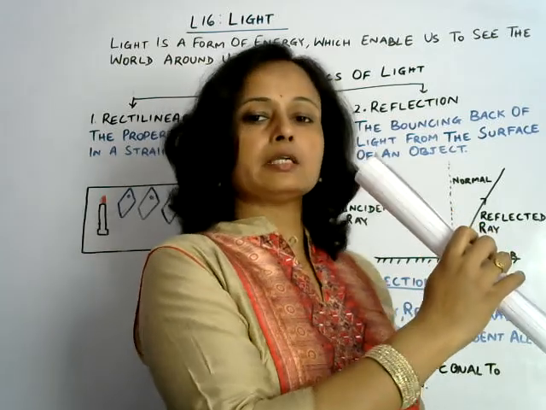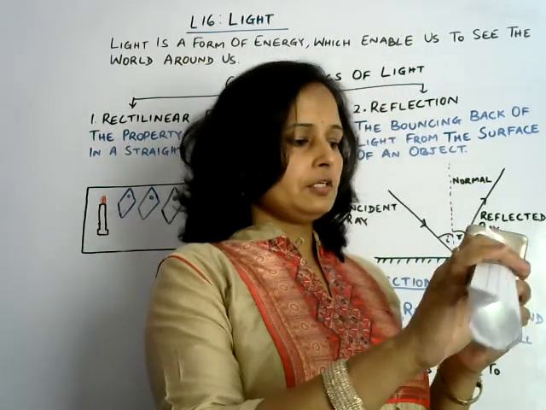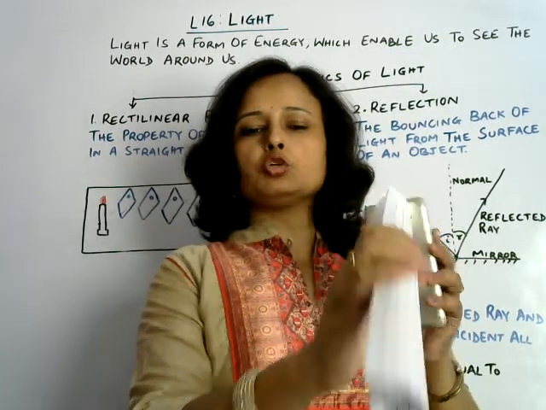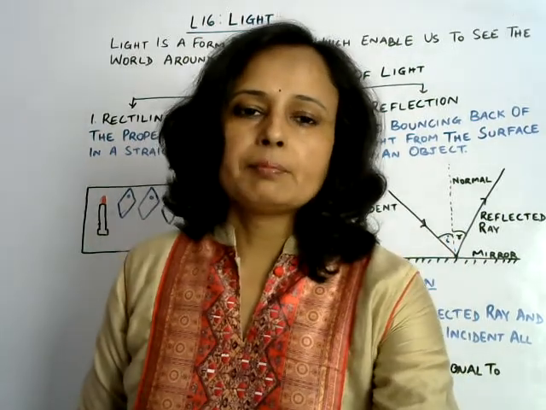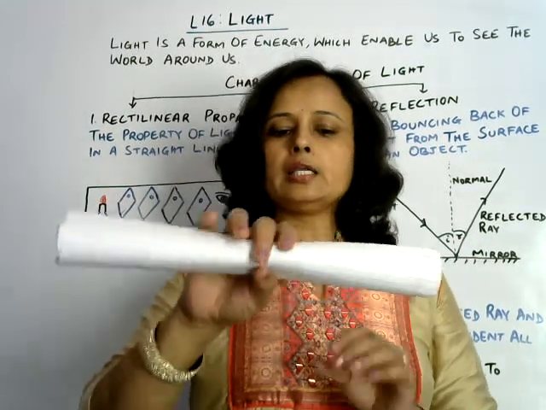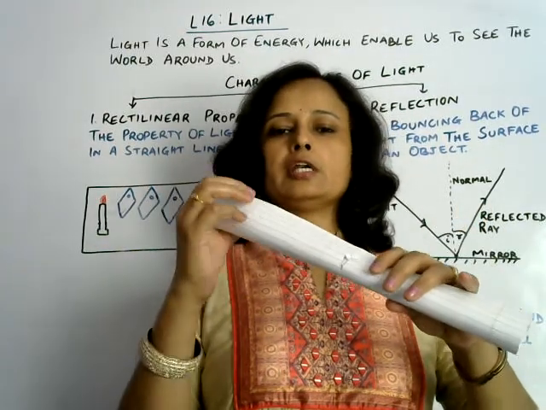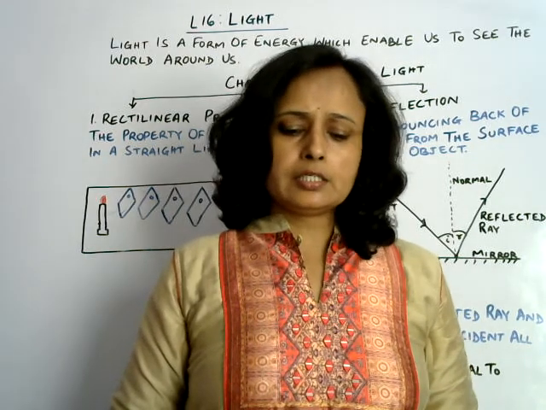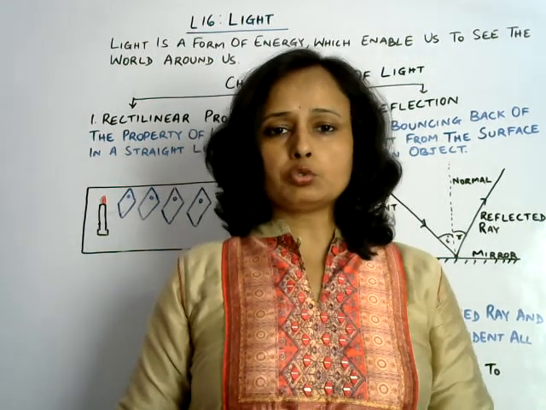Why? Because light can travel in a straight line. You can even observe that light is coming from this tube. Why is it happening? Because light travels in a straight line, and this tube is straight. That is the reason the light can come from source to destination.